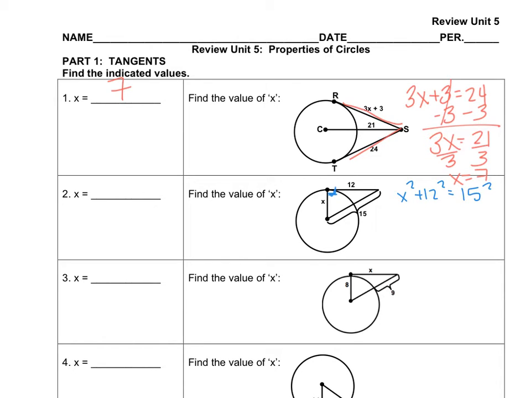Okay, then you want to simplify that. So you have x squared, I'm just going to square my numbers. 12 squared is 144, equals 15 squared. If you put that in your calculator, you're going to get 225. Next I'm going to subtract 144 on both sides.